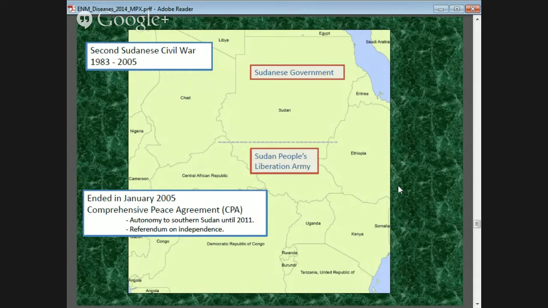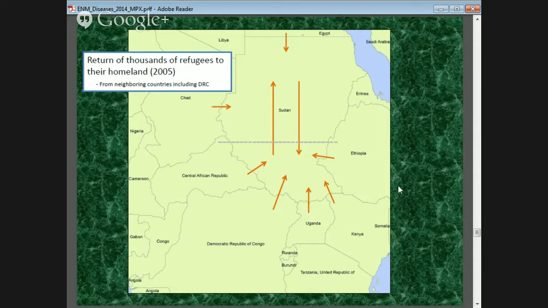But since they were in a civil war, you could imagine that a lot of people fled into neighboring countries as refugees and found safer places to live during this conflict. Once that peace agreement was signed, you can also imagine that people would like to go back to the place they were born or were more familiar with.